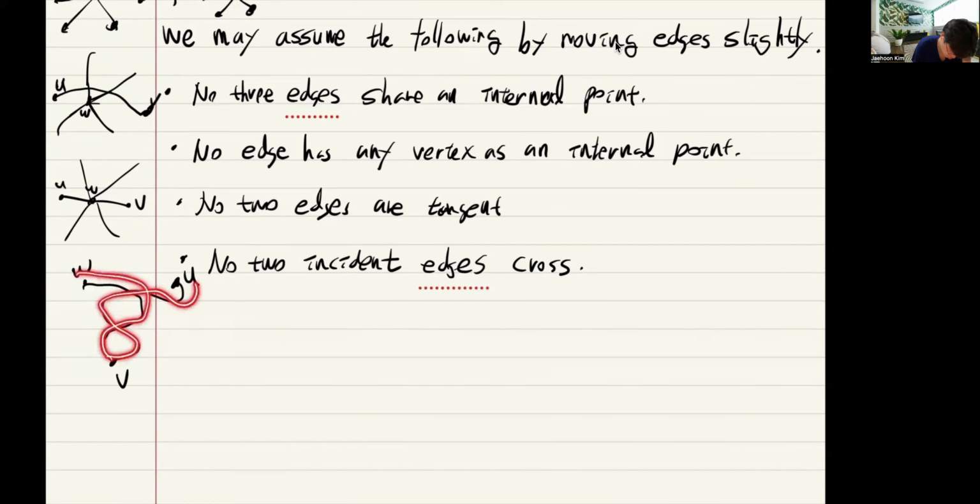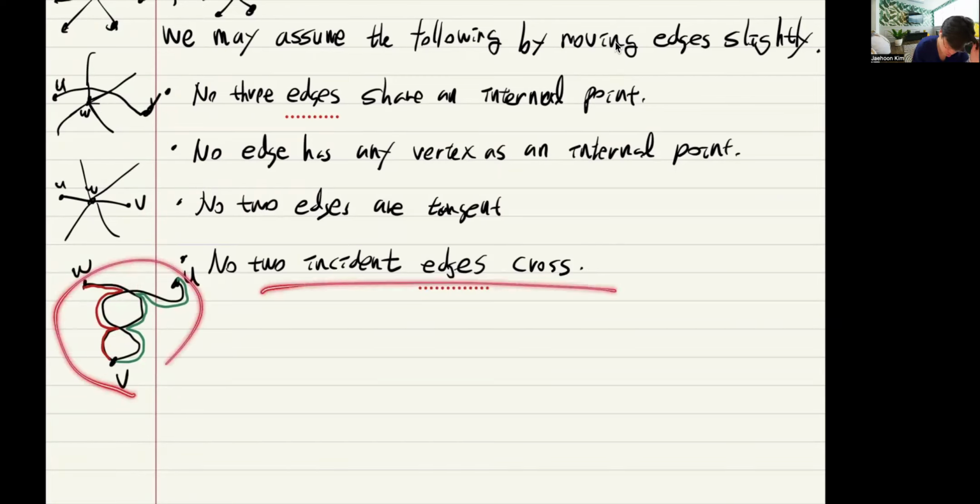If the sets intersect at an internal point. But what we can do instead is draw the first set in this way, and then the second set in this way instead, so that this red curve is very close to this black one, but not really intersecting with the black, and this green one is also very close to this black part, but not really intersecting. And we can untangle this so that they don't intersect anymore.